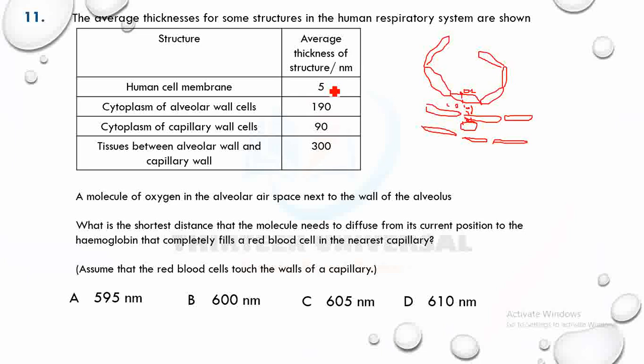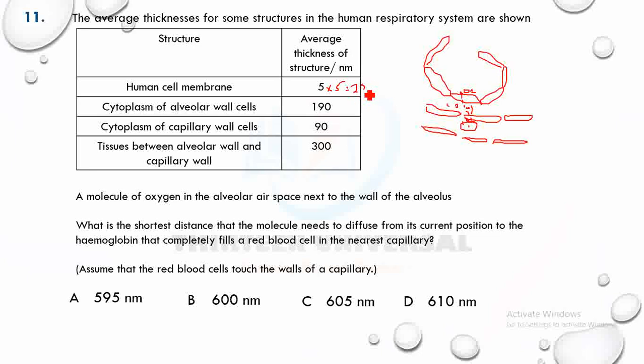So the distance across the membranes is 5 times 5, because it passes through 5 membranes. This is the first, second, third, fourth, and the fifth is that of the red blood cell, where hemoglobin is inside. So this is already 25.